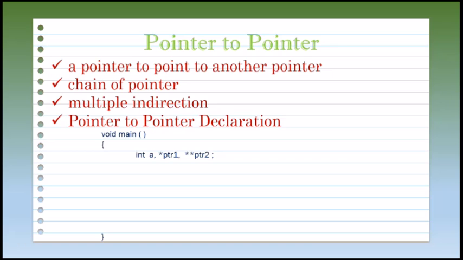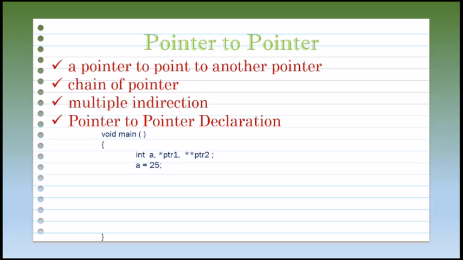The second and third are pointer variables, but the first one, star ptr1, is used to save the address of another variable, whereas two stars followed by ptr2 means basically it is used to save the address of another pointer variable.